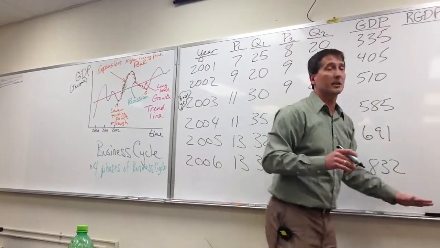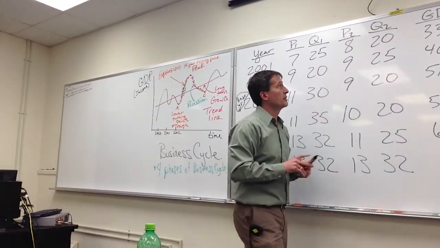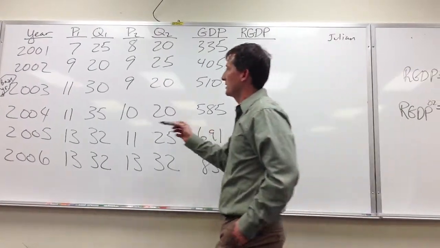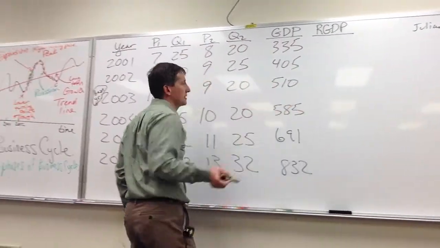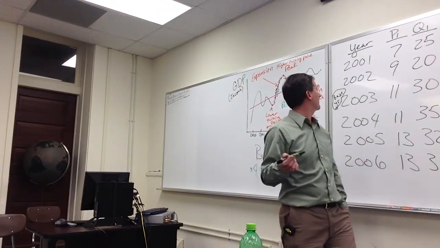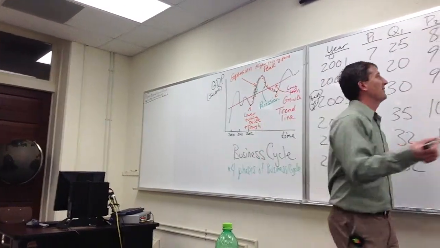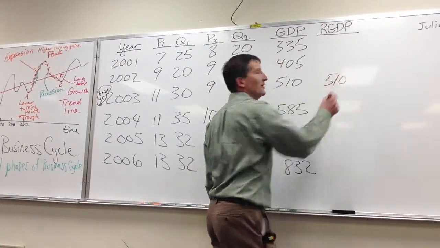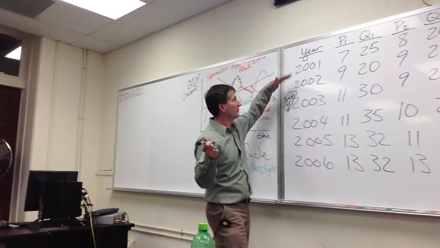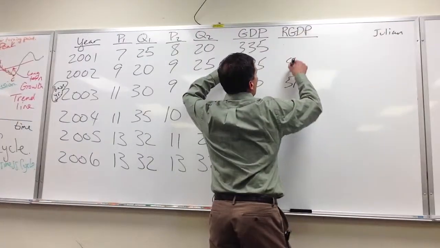So calculate real GDP. As soon as you're in your rows, 1, 2, 3, 4, 5, 6, tell me what numbers you get. Just say I'm at 4 and I got this amount. There should be an easy one. I'm not hearing 510, 2003. Yes, that's the one we want. What else? 445.